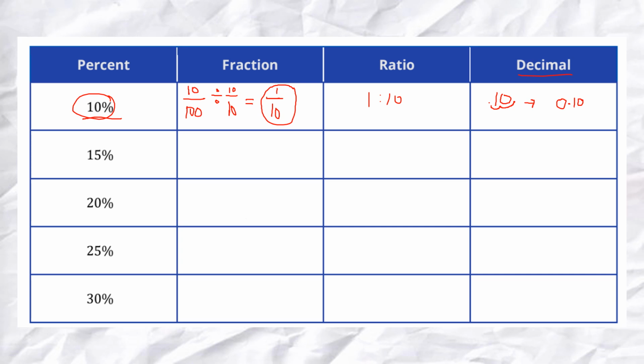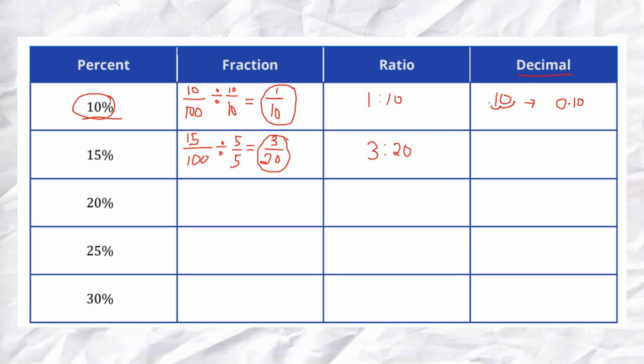Next, we have 15%. So in fraction, that is 15 over 100. Divide it by their GCF, which is 5. So we now have 3 over 20. So this is your fraction form. For ratio, we have 3 is to 20.